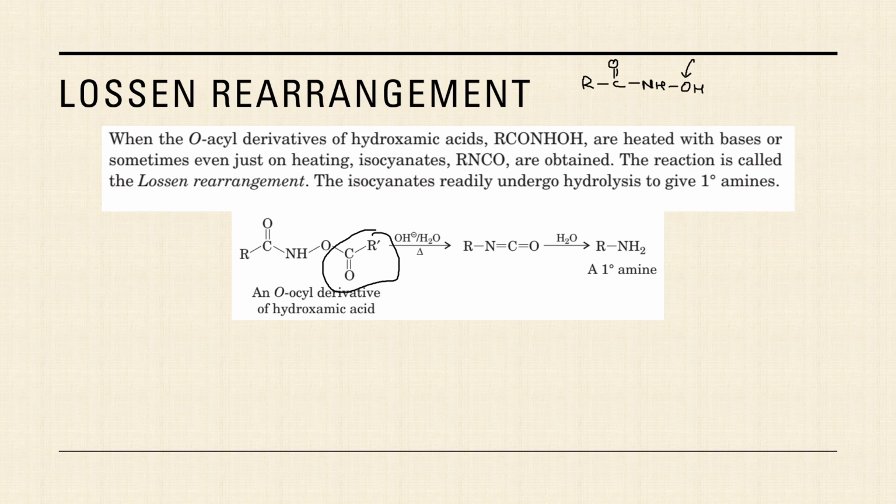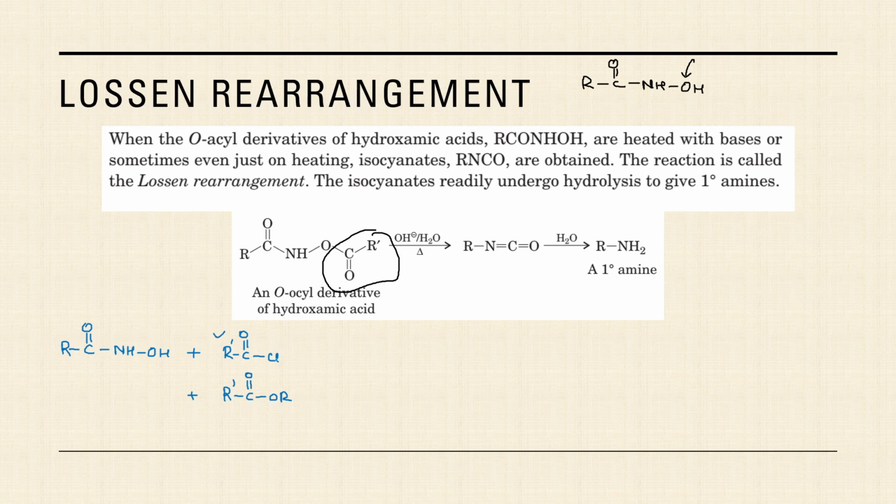O-acyl डेरिवेटिव बनाने के लिए व्हाट यू नीड टू डू इज दैट यू नीड टू टेक दिस. सो मान लेते हैं कि आपके पास एक हाइड्रोक्सामिक एसिड है, RC डबल बॉन्ड O NHOH. इसको आप RC डबल बॉन्ड O Cl के साथ ट्रीट कर सकते हो, R', या फिर आप इसको ट्रीट कर सकते हो R' C डबल बॉन्ड O R के साथ.